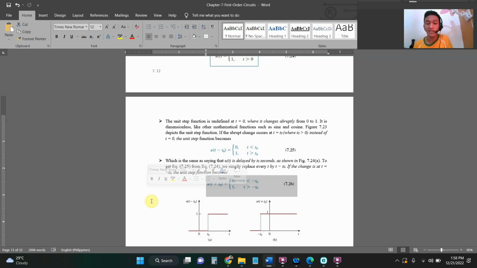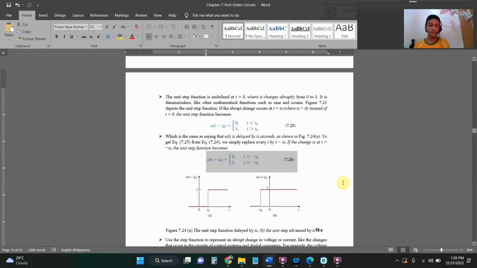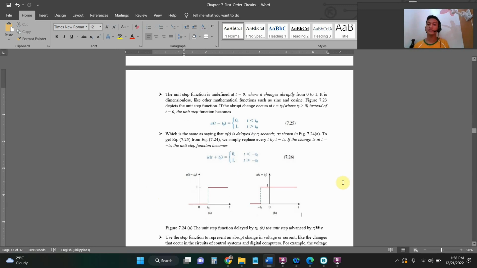than 0, instead of t equals 0, then the unit step function becomes u of t minus t sub o. So we get 0 when t is less than t sub o, and 1 when t is greater than t sub o, which is the same as saying that u is delayed by t sub o seconds.